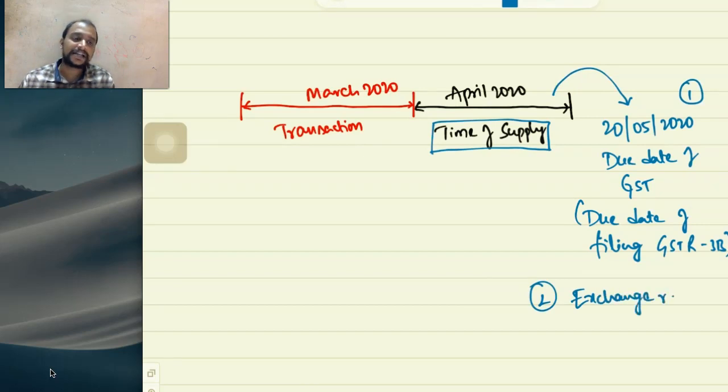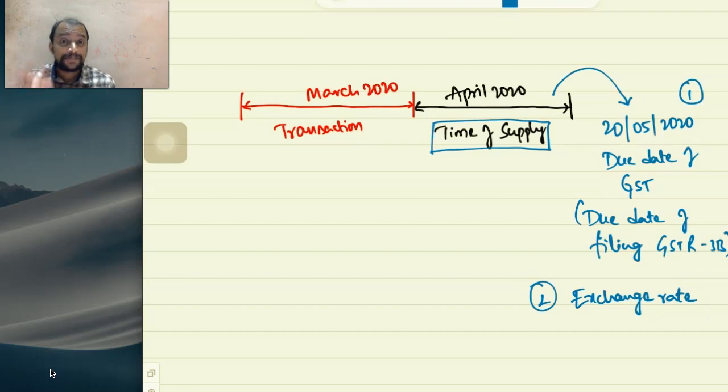That is the first reason for time of supply: to determine the due date of payment of GST. The second objective of time of supply is to determine the exchange rate. Generally, when transactions are denominated in foreign currency, that can be import or export, and when we need to pay GST, in case of import, we need to pay GST under RCM. In case of export, when it is not an export of service, because we have 5 conditions in order to become export of service, if any one condition does not satisfy, then it will be deemed interstate supply and we need to pay GST.